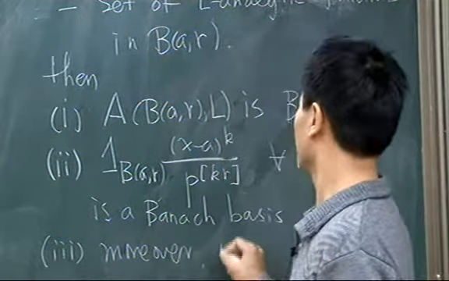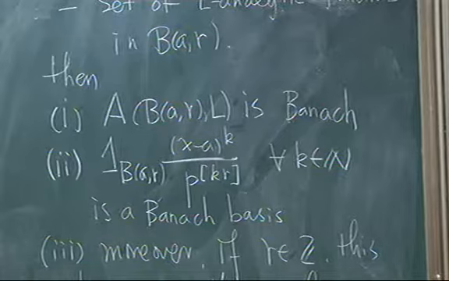So locally, you just choose the function in this B(a, r). This is easy to find because you can always write it as a power series, so you can take polynomials or even monomials as a basis.